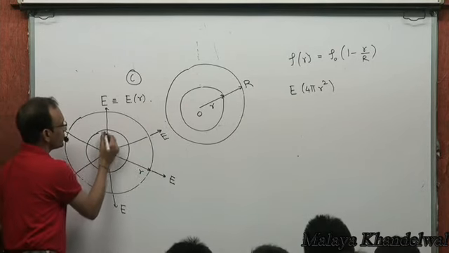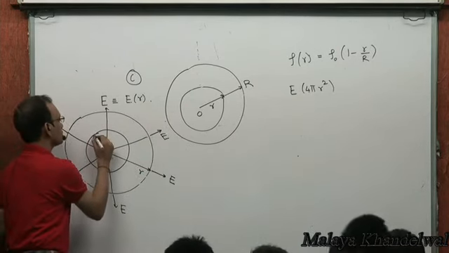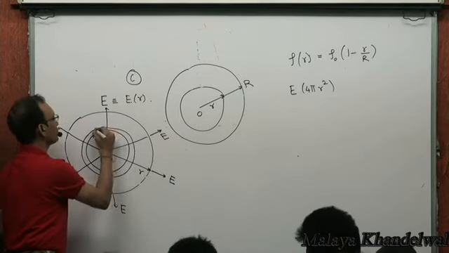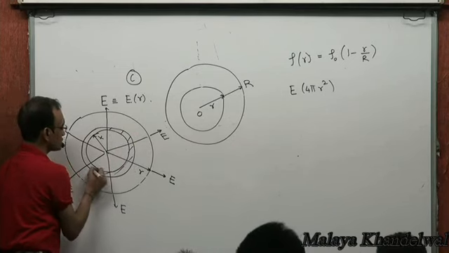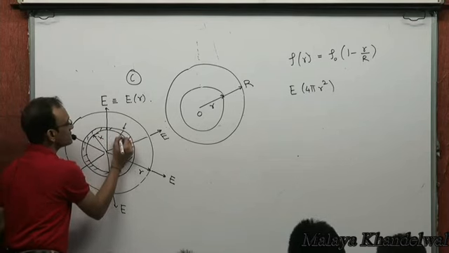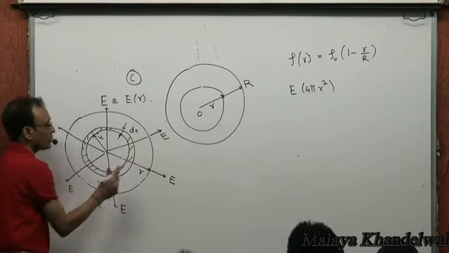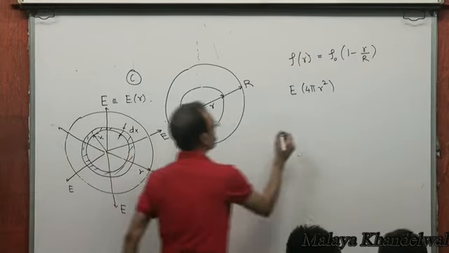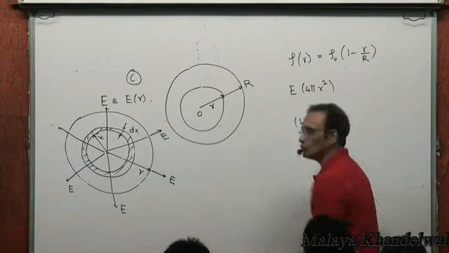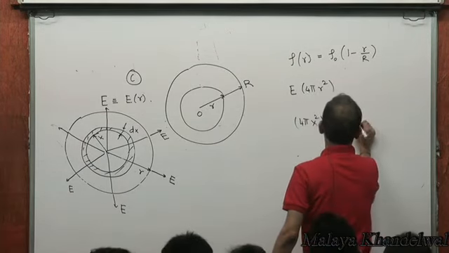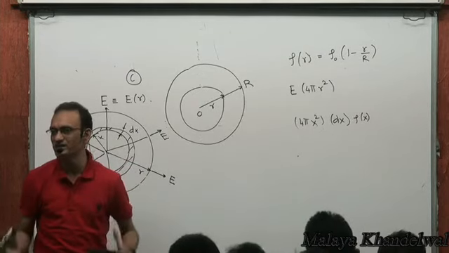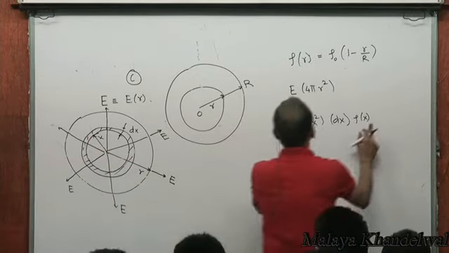Now what I do is I consider a smaller shell of radius x inside this region and of thickness dx. Now the charge in this shell is going to be 4 pi x squared into dx, which is the volume of the shell, into rho at x, the volume charge density at this x, into dx. That's the charge here.